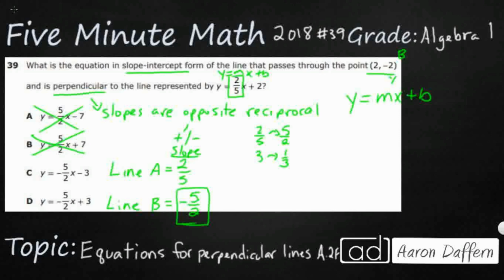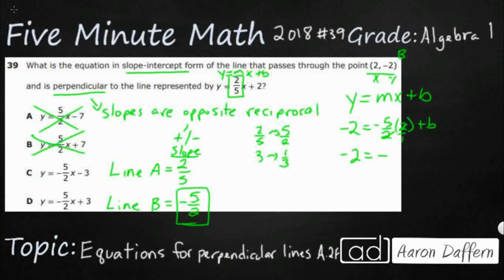So my y is negative 2. My m is my slope. That's negative 5/2. My x is my 2. And then I don't know what my y-intercept is, but I'm going to solve for b. So negative 2 equals, and you know those two 2's are going to cancel out because really that's a 2/1.